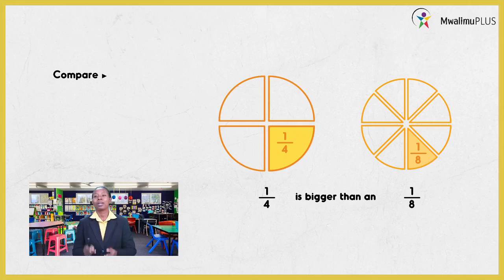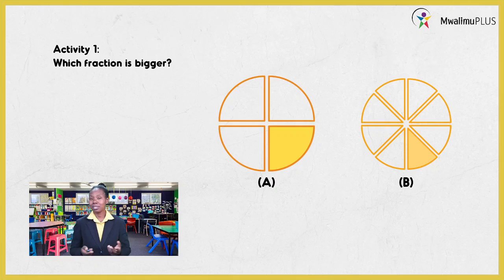So, a quarter is bigger than an eighth, isn't it? Very good. So, we want to do some activities with these diagrams so that we can see which are bigger and which are smaller. Is that okay? Just be keen. Remember, the secret is watch out for a quarter and an eighth. We are good to go.